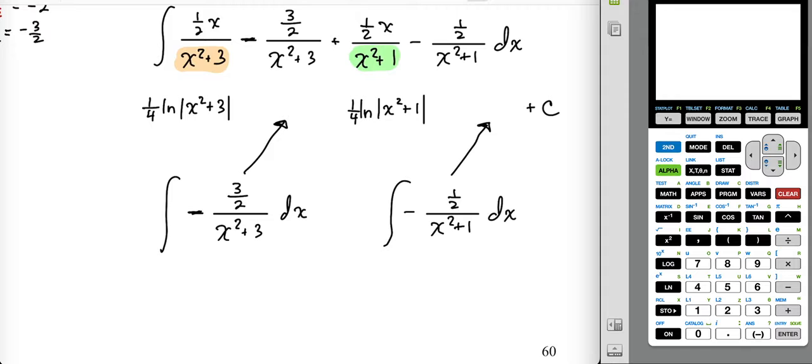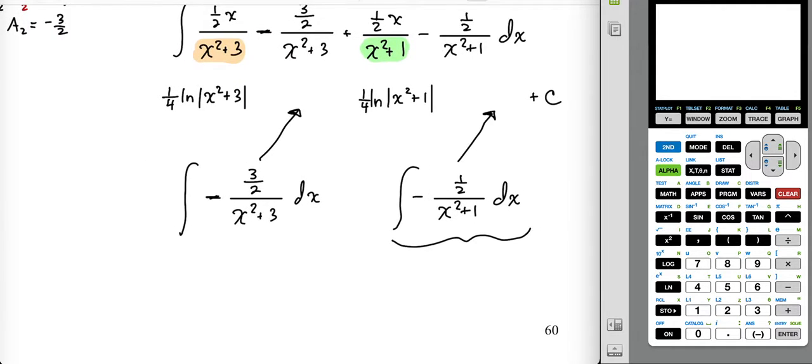Well, this one should be pretty easy, actually, because if we look at the rule for arctangent, the antiderivative of du over 1 plus u squared is inverse tangent of u plus c. All right, so that's pretty spot on.